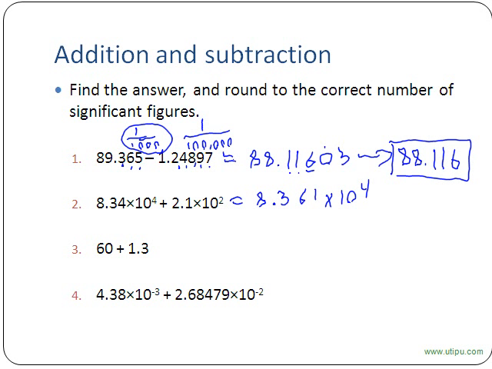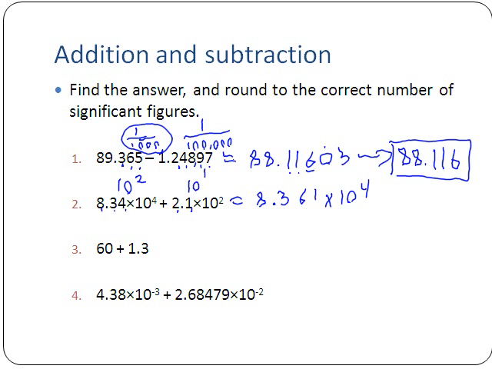Taking a look at our significant figures here, we know the 10 to the fourth spot is going to be this first one. That's where the 8 is. So that means the 3 is 10 to the third, the 4 is 10 to the second. For this last one here, 2.1 times 10 to the second, we have 10 to the second, which means this must be 10 to the first. So the question is, which one is least precise?